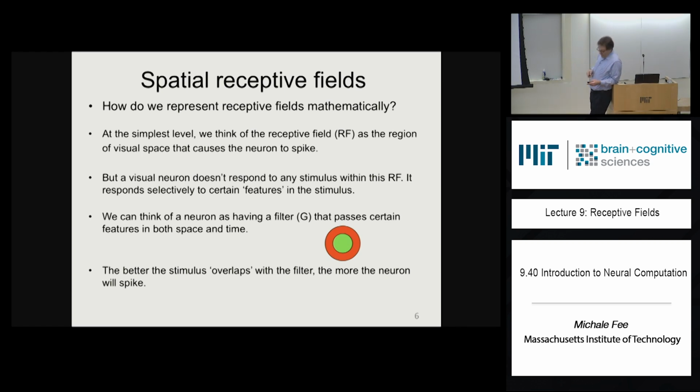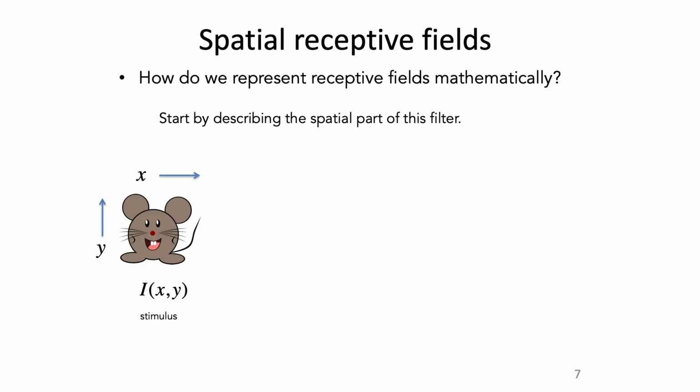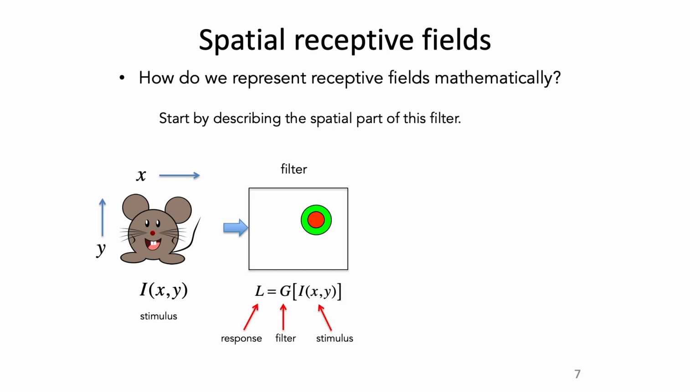So let's formalize this a little bit into a model. Let's say we have some visual stimulus that is an intensity as a function of position x and y. We have some filter G that filters that stimulus. So we put the stimulus into this filter.